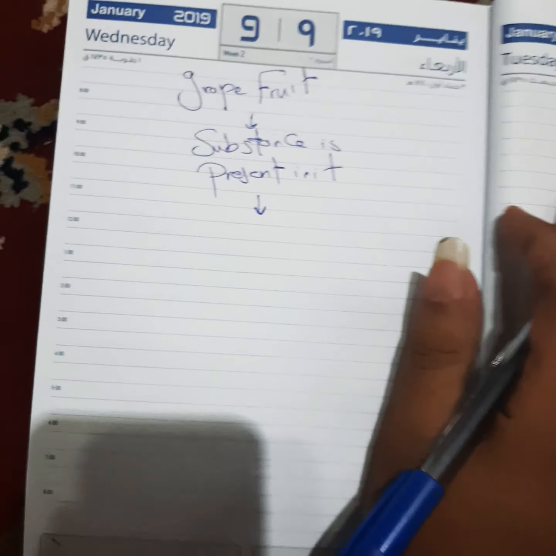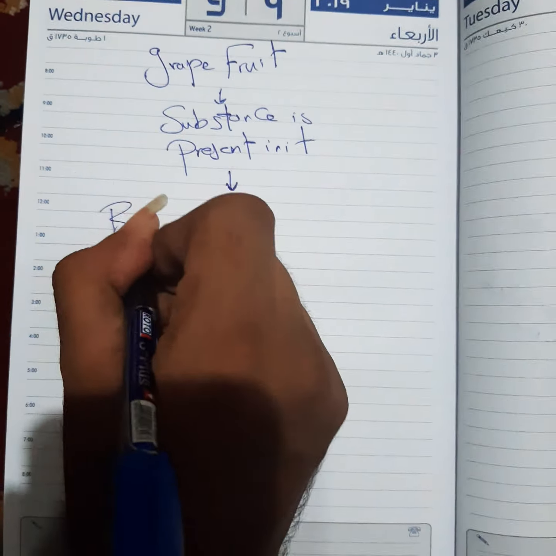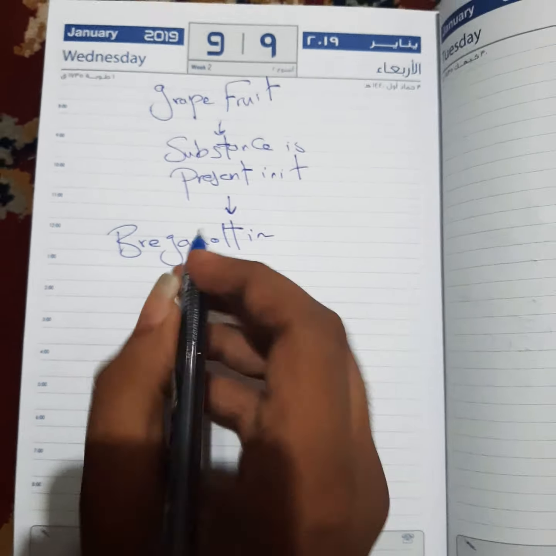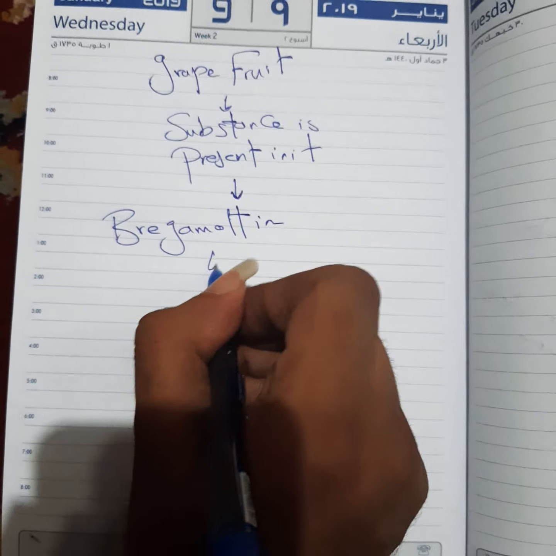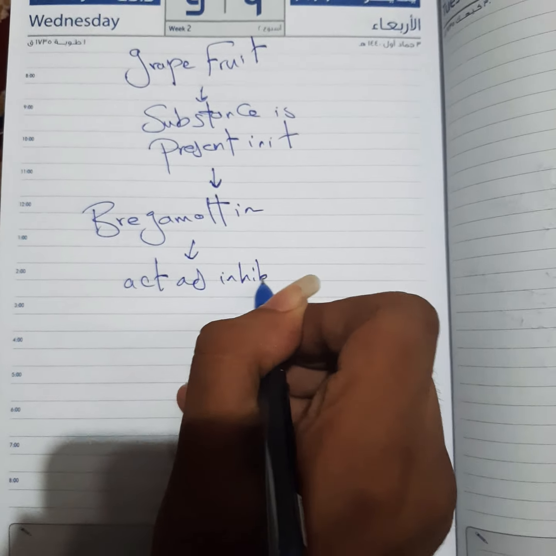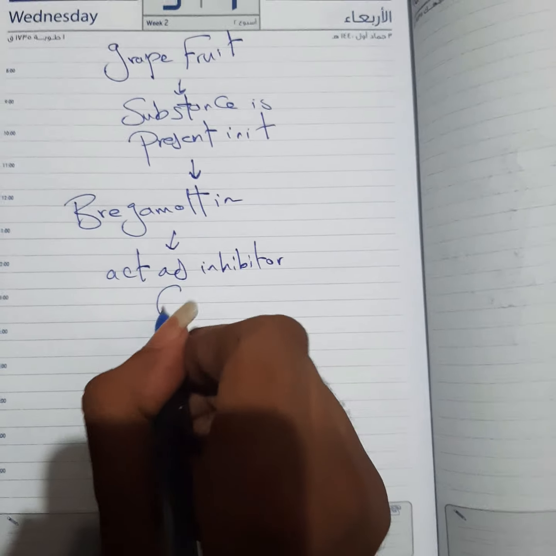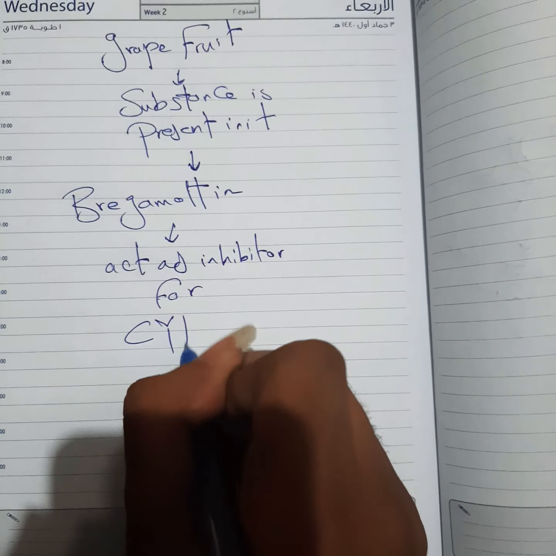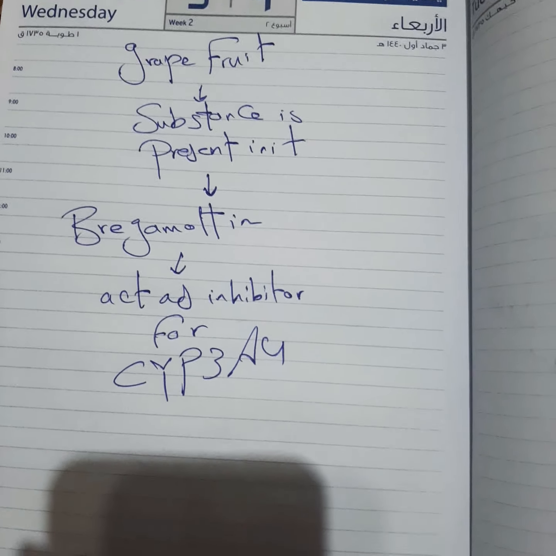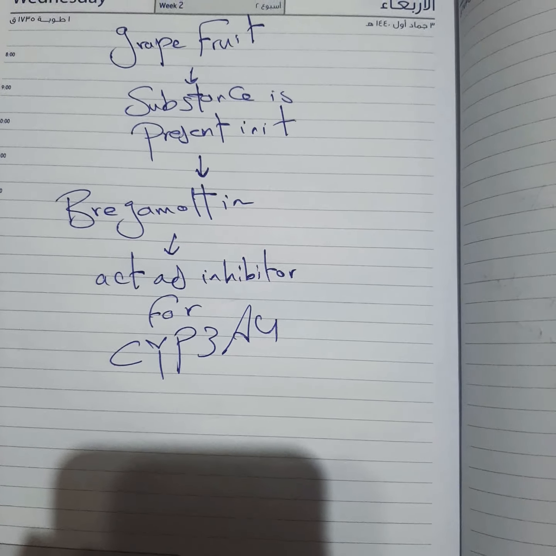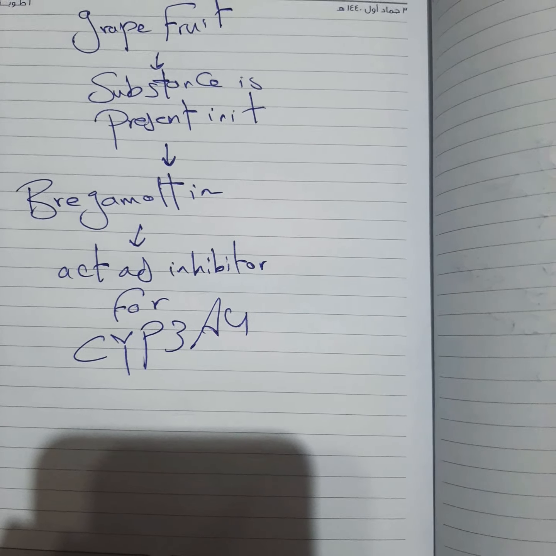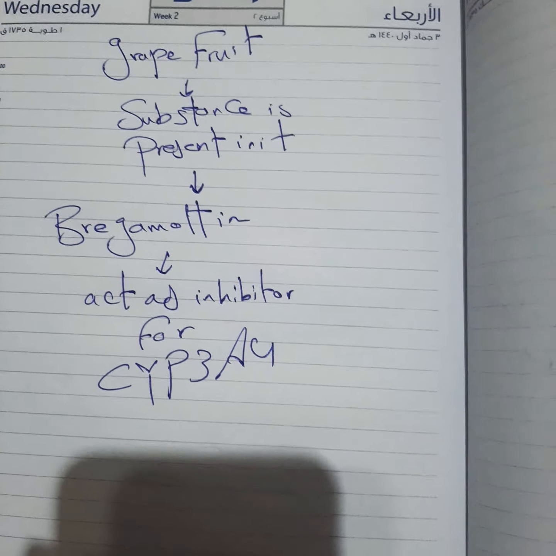Mainly a substance called pregamutin. Pregamutin acts as an inhibitor for CYP3A4, so we can overcome the overexpression of the CYP3A4 enzyme, and by this process we can increase the bioavailability of the modafinil drug.